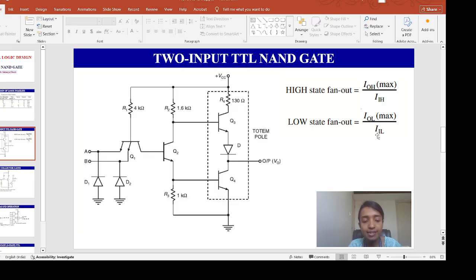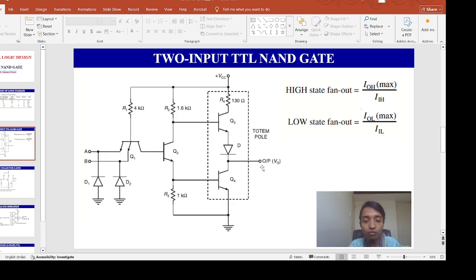Suppose, let's say, Q4 is a current sinking transistor, right? Just for an example, let's say Q4 can sink up to 16 milliampere while its output reaches, let's say, 0.4 volt, and we have seen that in the range from 0 to 0.8 the output remains logic 0 for TTL.